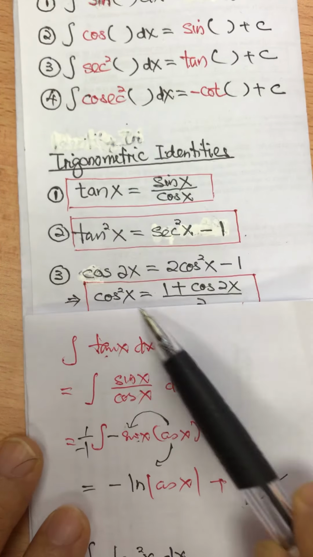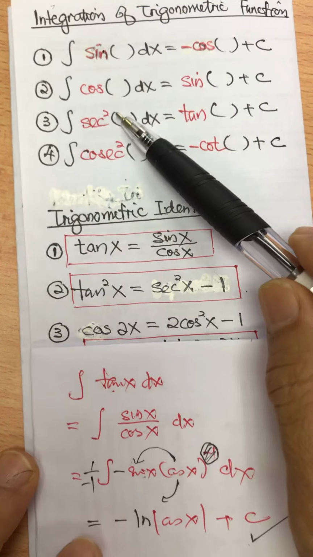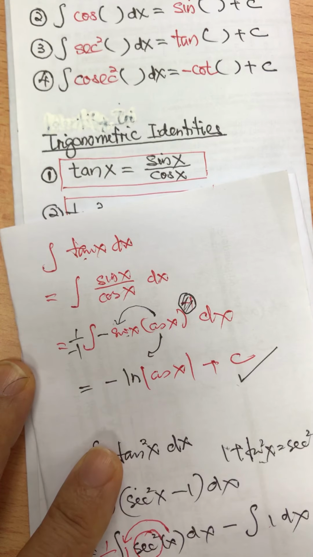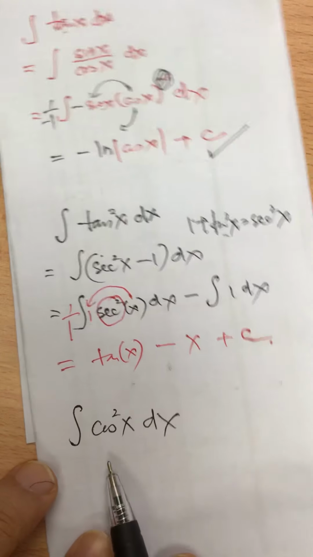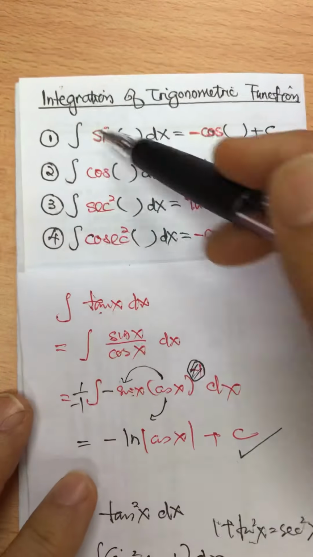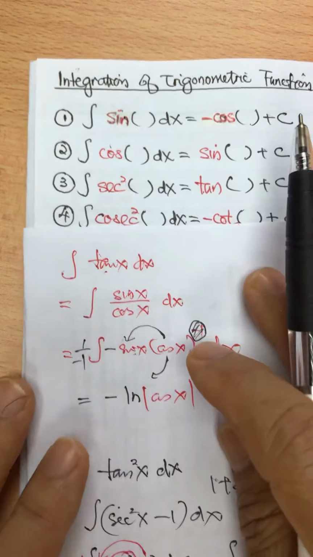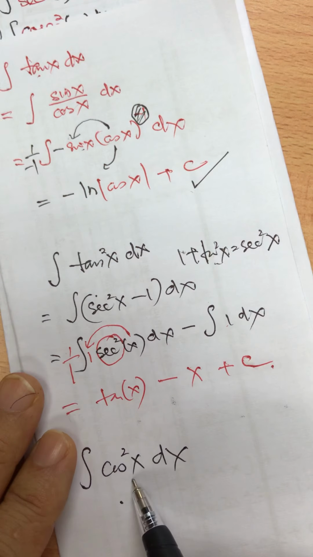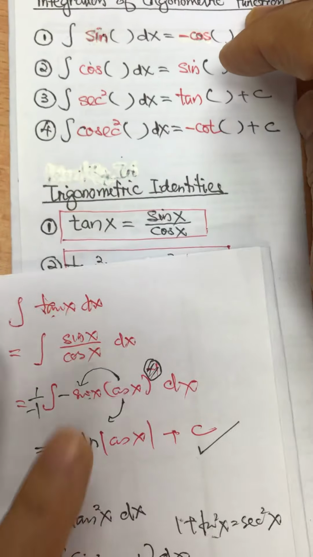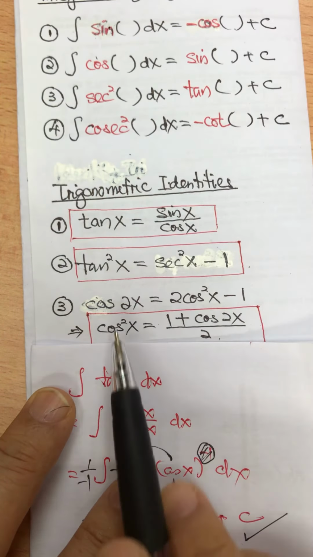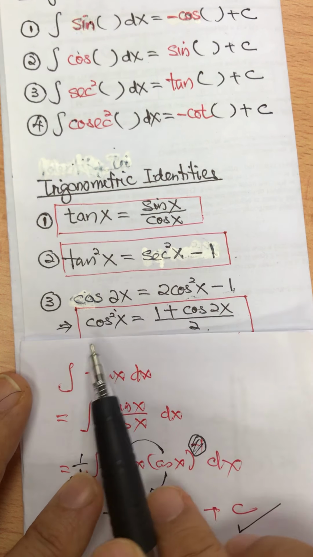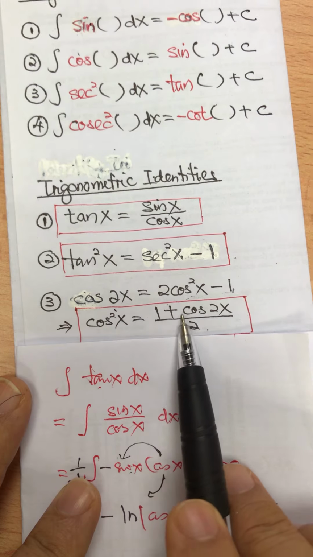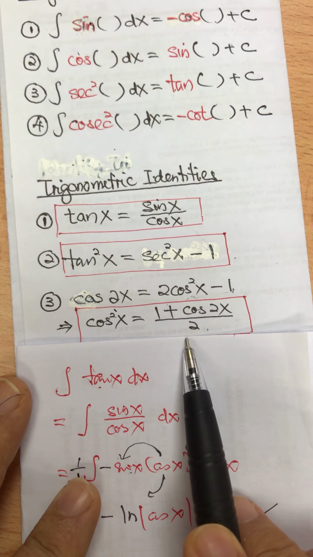Now I want to integrate cos square x. I don't have cos square here, I just have cos and sine. So how to integrate this? We use this identity: cos 2x is 2 cos square x minus 1. So cos square x is 1 plus cos 2x over 2.